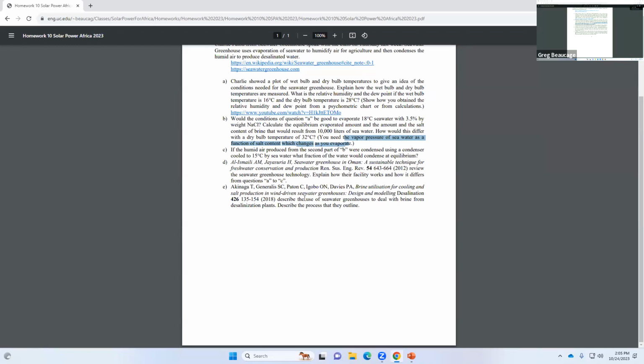That's like 2018. And this Oman paper was written by some Omani authors, who somehow must have been working with Charlie Patton, right? But they don't cite him in the paper, but it's the same kind of thing. It's basically the seawater greenhouse, 2012. So they've been doing it for a while.